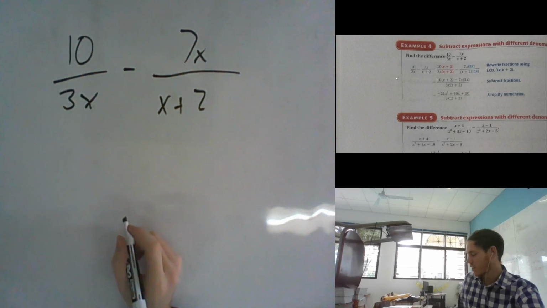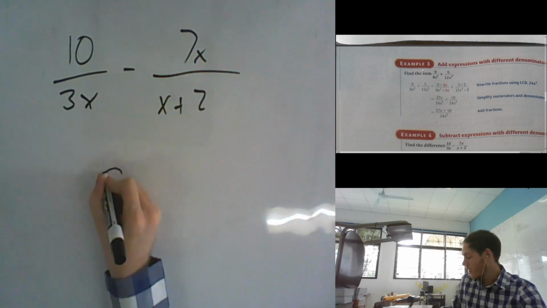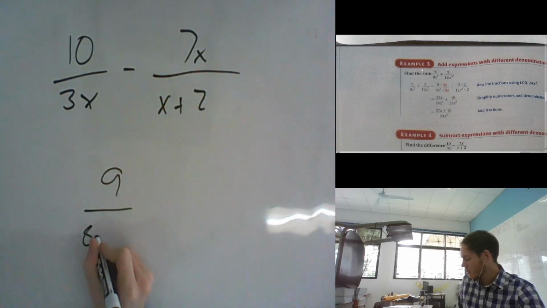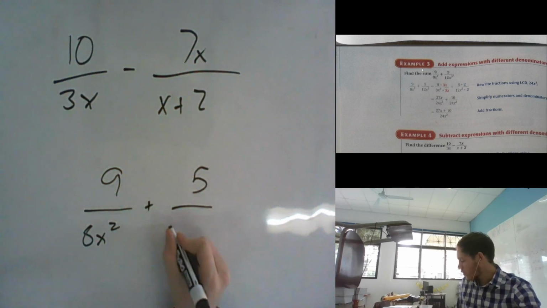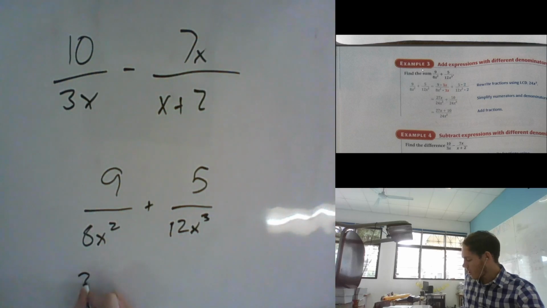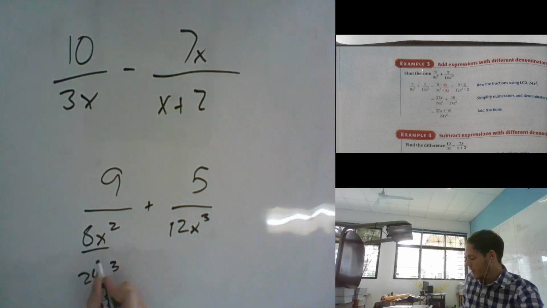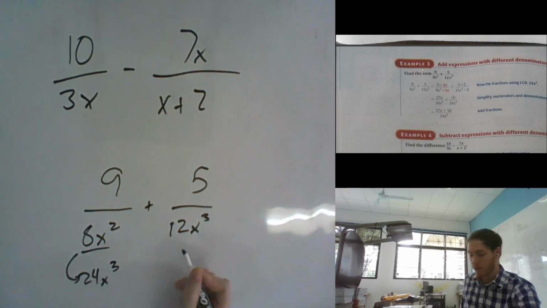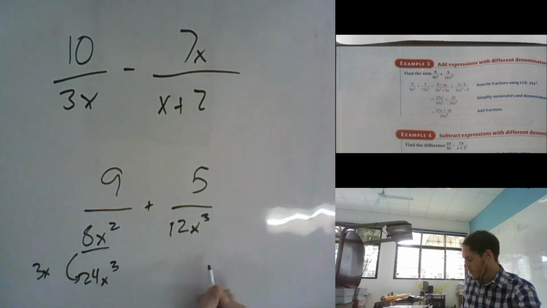Real quick, I'm going to show you how I got that. So I had 9 over 8x squared plus 5 over 12x cubed. And our common denominator is 24x cubed. Okay. How many times does this go into 24x cubed? That goes by 3x, right?